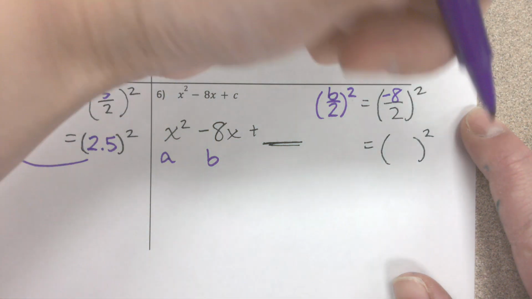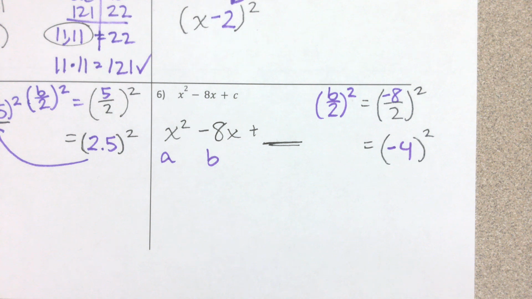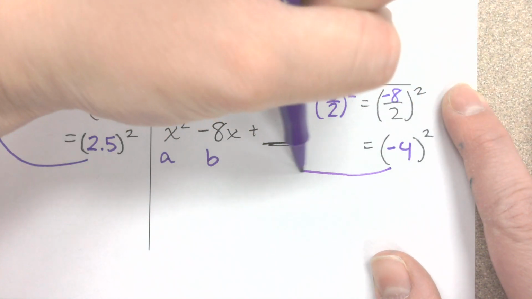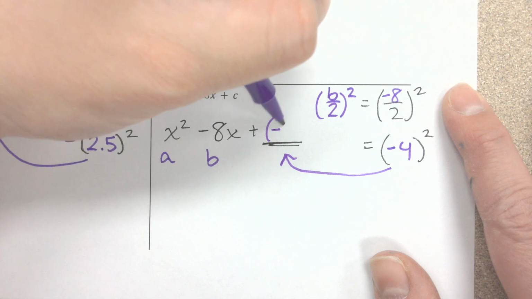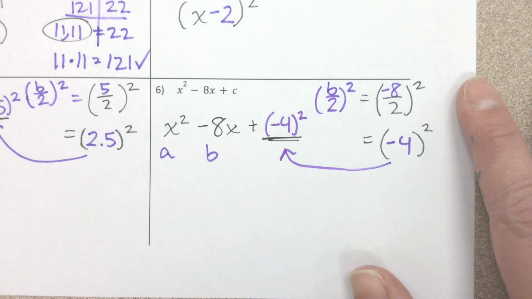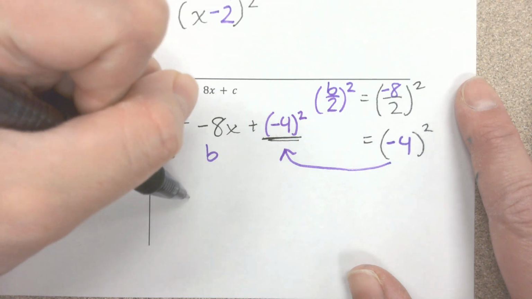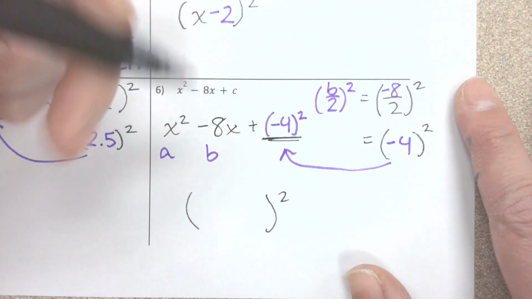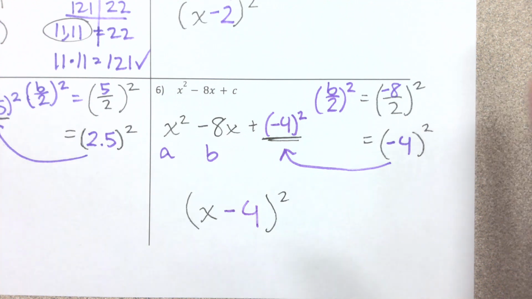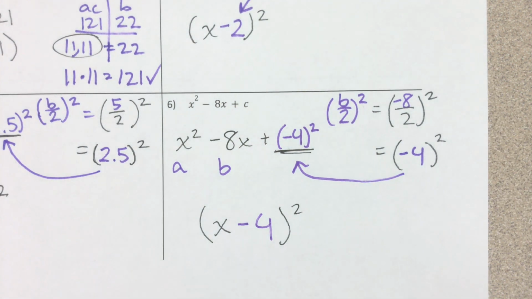Negative 8 over 2 is negative 4. Keep it squared. Don't actually square it. That's going to go here. We're going to add the negative 4 squared there. And let's factor it down. We have x minus 4, whole thing squared. That is how it's going to factor.